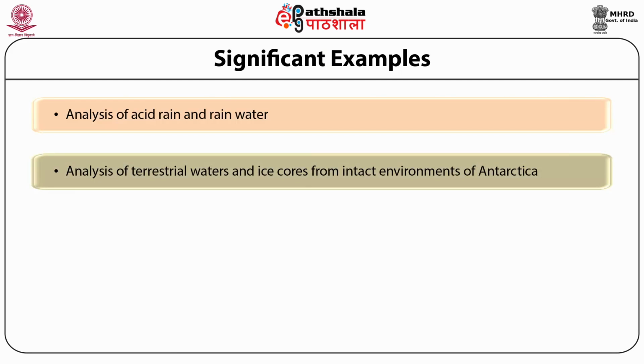Analysis of terrestrial waters and ice cores from intact environments of Antarctica to measure levels of pollutants. Ion exchange chromatography has been used to analyze terrestrial waters and ice cores from intact environments of Antarctica to measure levels of pollutants.